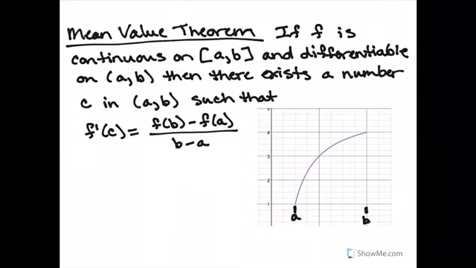Then we have the mean value theorem. If a function is continuous on some closed interval from a to b and differentiable, then there exists a number c in between a and b such that the derivative evaluated at c, that would be the slope of the tangent line at c, right?